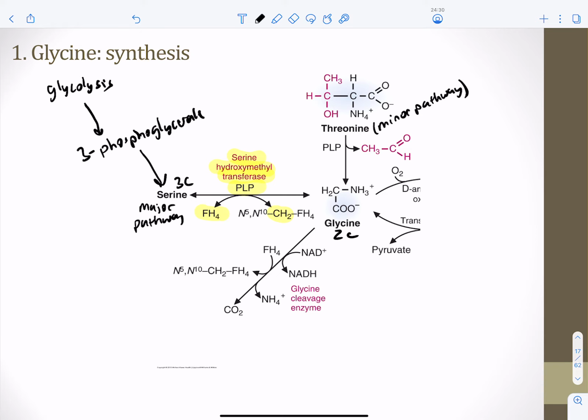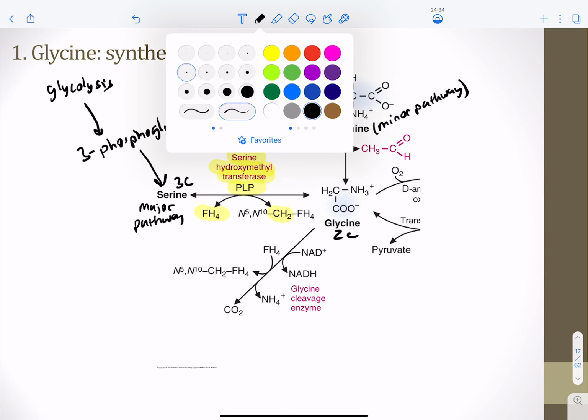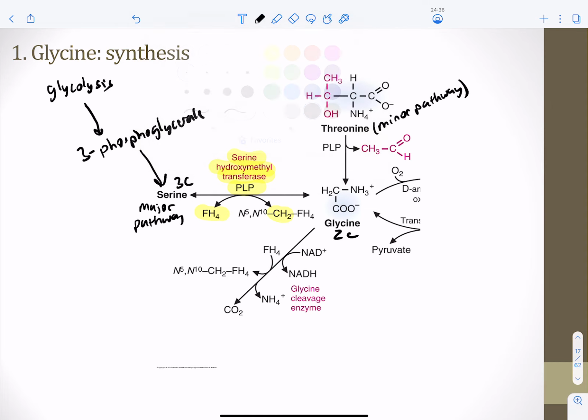And then you generate glycine. Now, glycine can also be made from threonine, and this will also generate acetaldehyde. It's a transamination reaction with vitamin B6 again, and this will generate glycine as well.